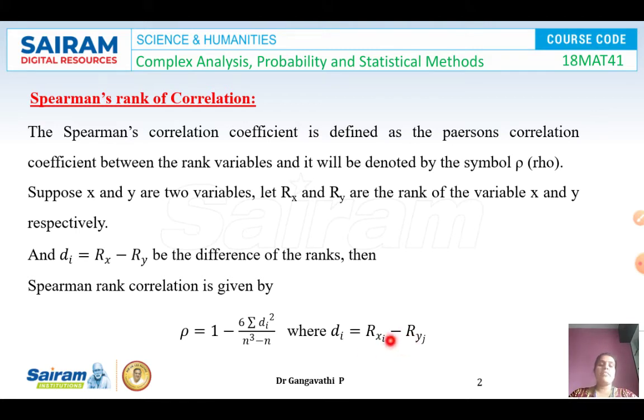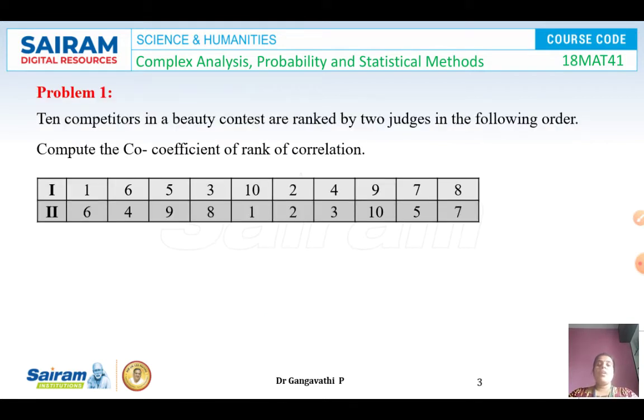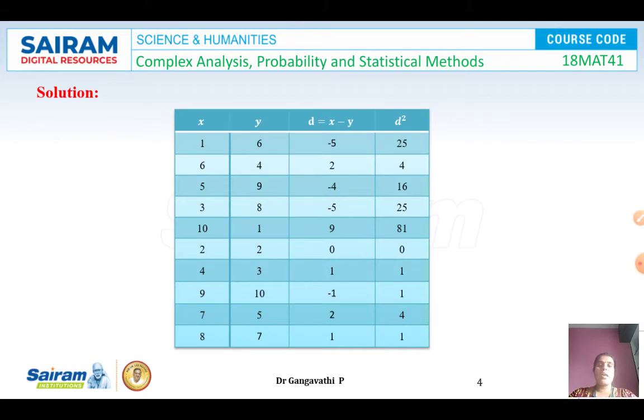Rx minus ry gives you the d value. N is the number of values of x and y given. So we need the values of d, the value of n, and the sum of the squares of d. Now for this given data, let us construct a table which fulfills our requirement.